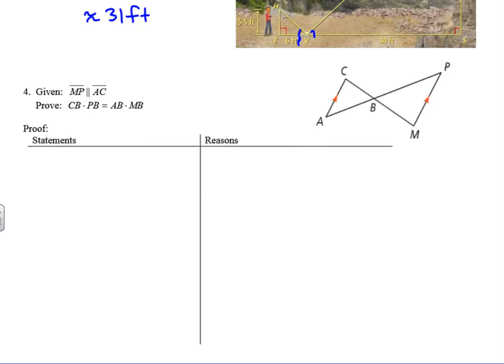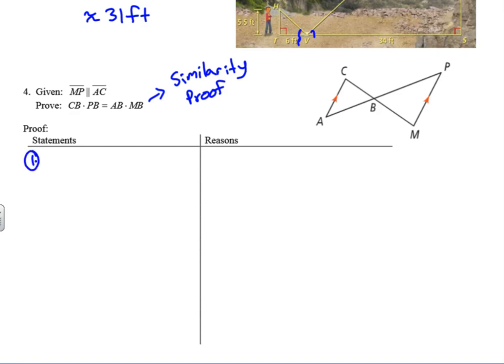Okay, let's get into the proofs, and this first one is going to be common here, so we'll talk through it. This type of thing that you're being asked to prove is a similarity proof. It may not be as obvious to you initially, but let me walk you through what we're going to do with this similarity proof.